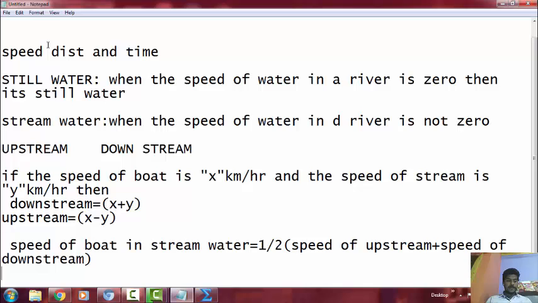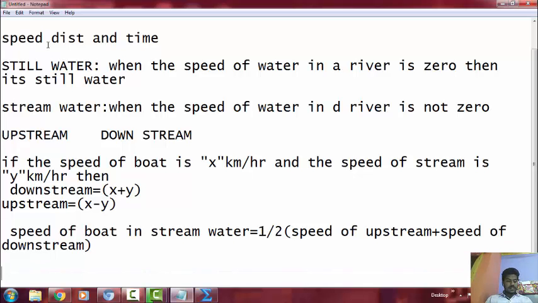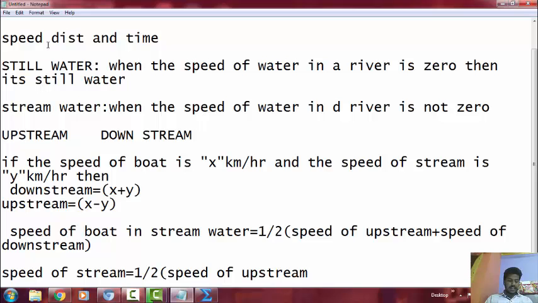Now the speed of the stream is equal to 1 by 2 into speed of upstream minus speed of downstream.